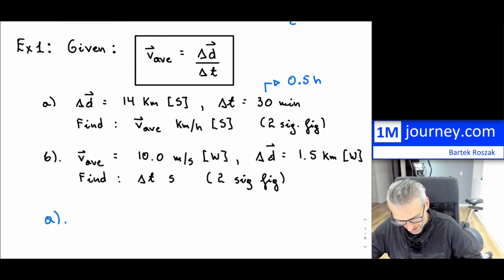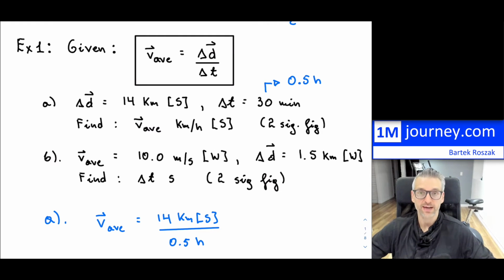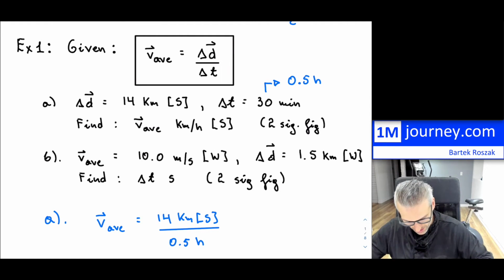So this is for part A. Our average velocity is equal to 14 kilometers south, divided by the change in time, which for us is half an hour. We have kilometers per hour, and then we have our direction as well. So there you have it: 14 divided by 0.5 is 28.